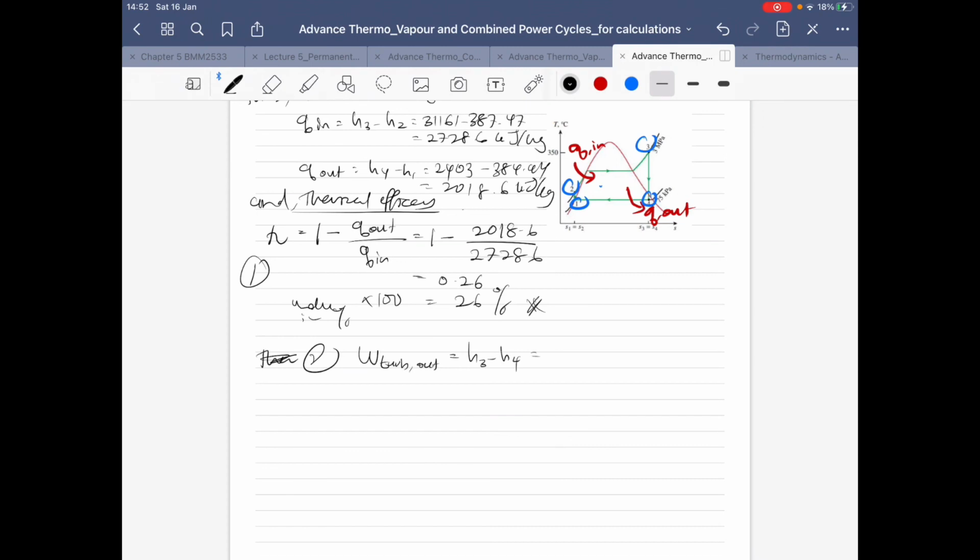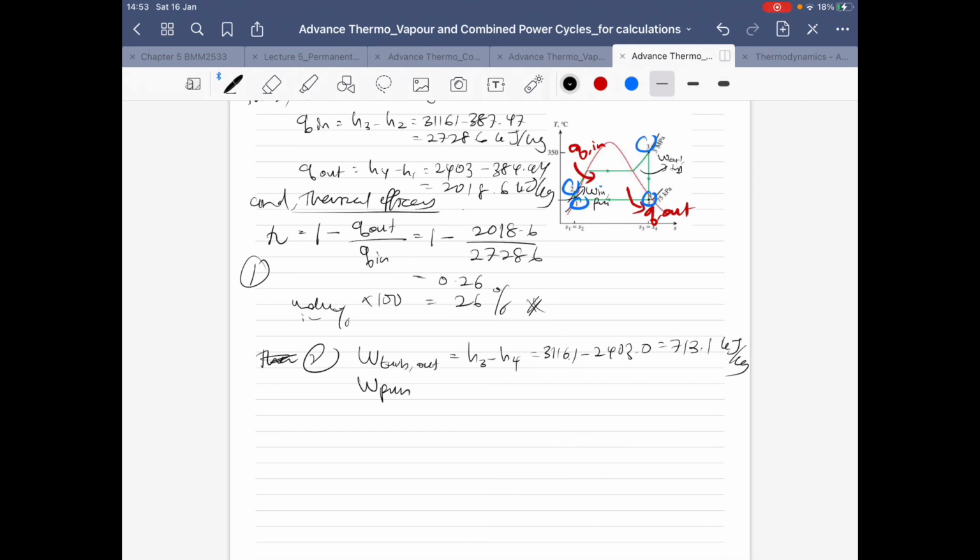So equal to, okay, for W net. Sebab apa? Kalau W pump tadi dah tahu dah. Kat mana W ni? W kat mana pula? Tadi dah tengok kan? W dekat sini. Sini adalah W in daripada pump. Ingat tak? Sini pula adalah W out daripada turbine.